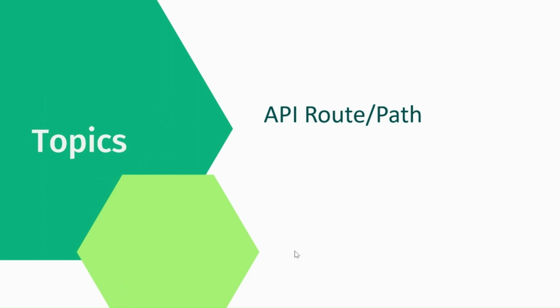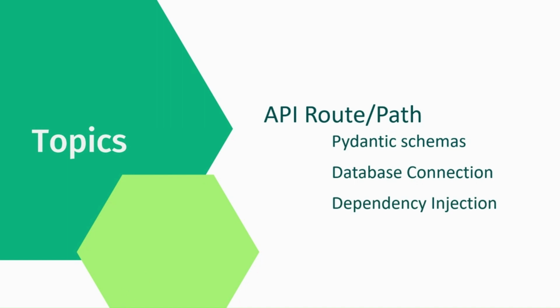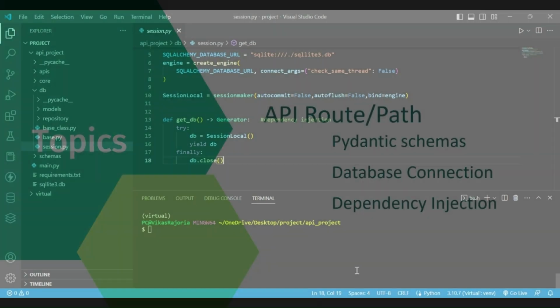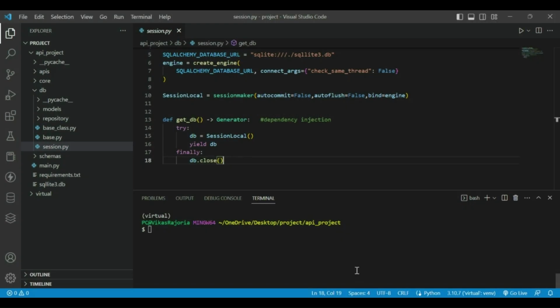This time we will create an API route by using Pydantic schemas, database connection, and dependency injection. Then we will also perform CRUD operations on those API routes or paths and get book details from the database. For that, we will create a new folder structure to make an API route for books, which we already discussed at the beginning of this video.